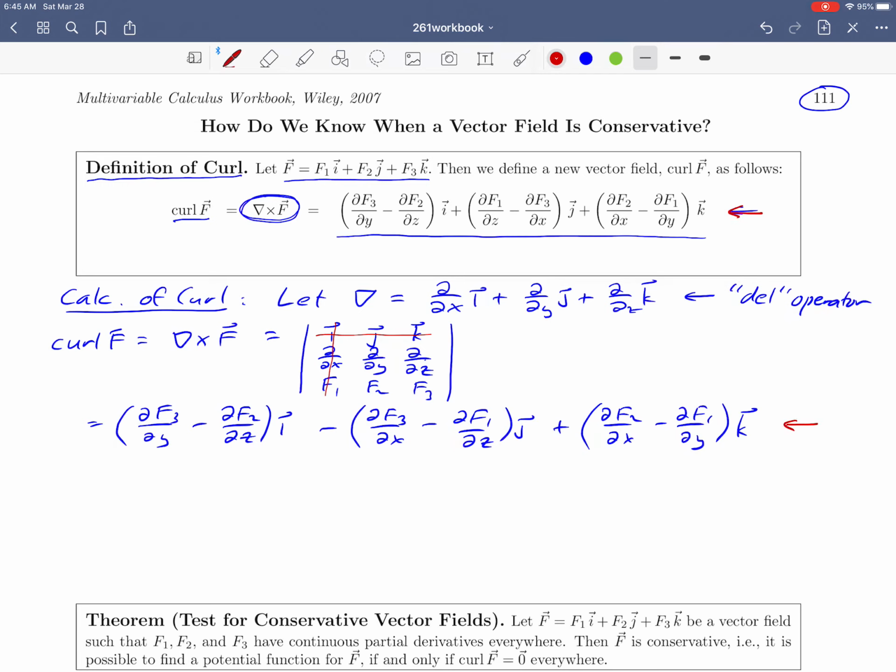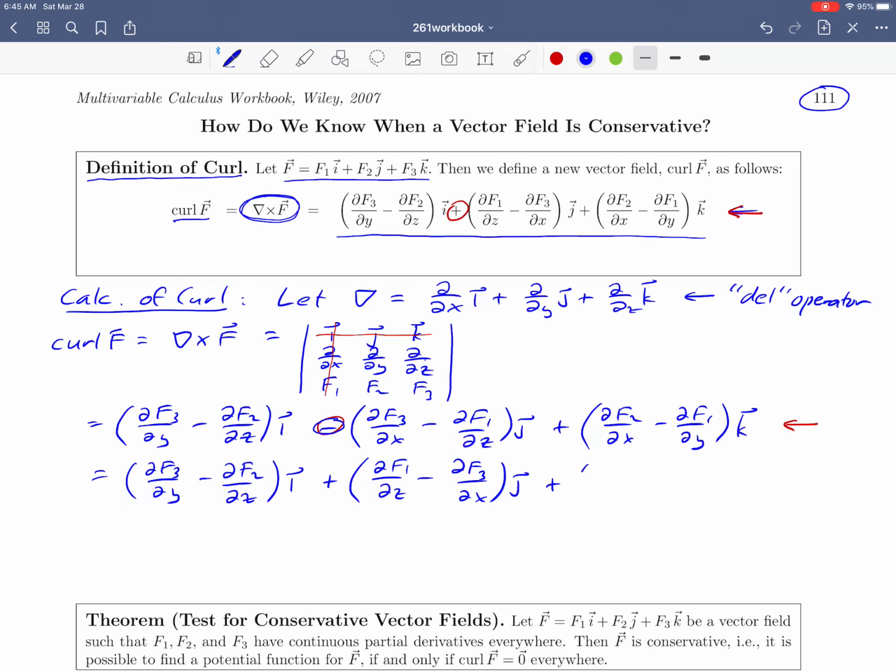But is this the same formula as what we had above? We've got something that's supposed to be equal to the curl down here, and our definition up here says that it should look like this. Are those exactly the same? Notice there's a little bit of a difference here. But they really are the same formula if we do a little simplification. Let's take this minus sign and distribute it through. If you do that and reorder the terms, notice what happens.